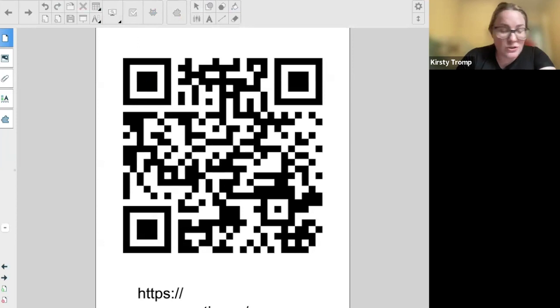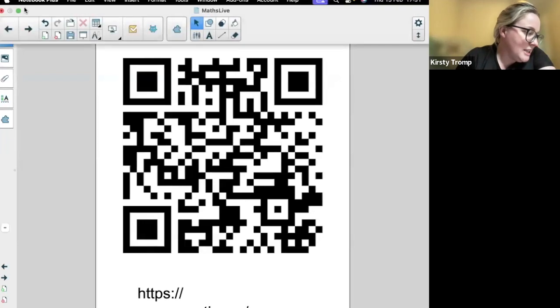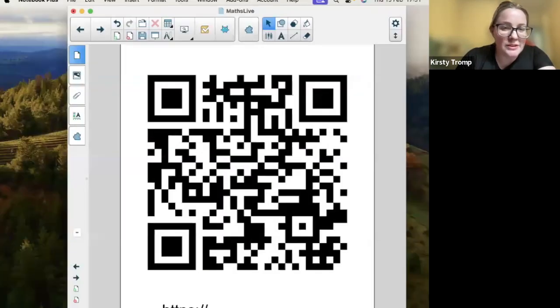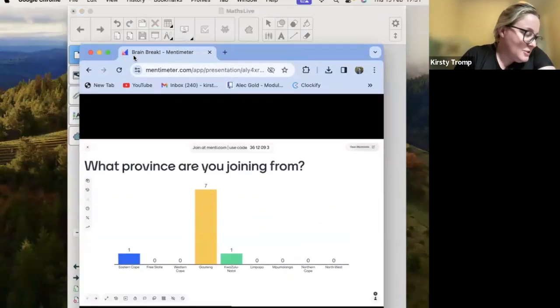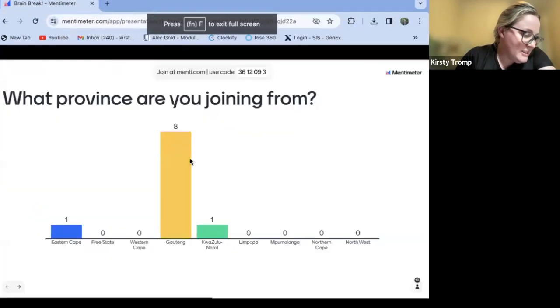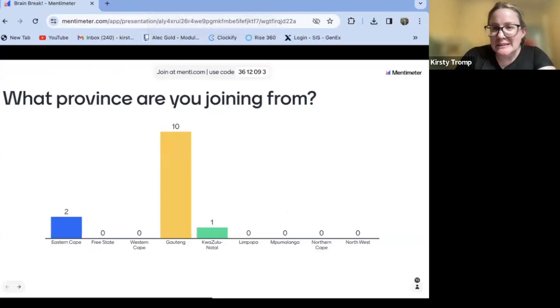I'm going to put on the screen for you what we're seeing, so you can see how cool it is. There we go. That's what it looks like so far. It looks like loads of people are joining us from Gauteng, a few from the Eastern Cape.